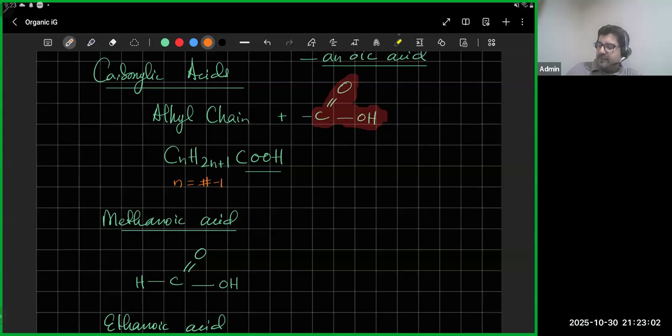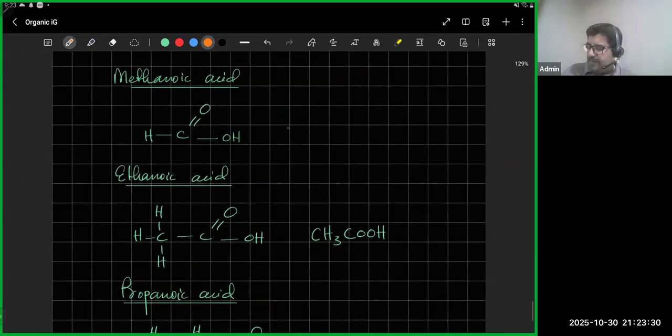If a molecule has 4 carbon atoms, 1 carbon atom is already in the carboxylic acid group, so there'll be 3 carbon atoms left. So it's one less than the number of carbon atoms, because 1 carbon atom is already part of the carboxylic acid group.